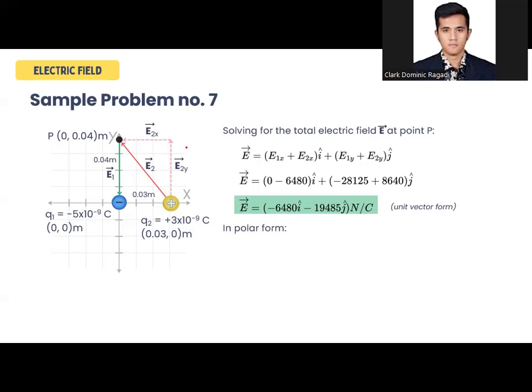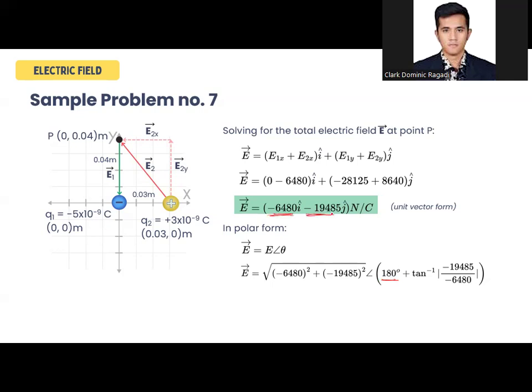Or in polar form, that's the magnitude, angle theta. To solve for the magnitude, again, we can use the Pythagorean theorem. And then for the angle, why did we add 180? If we look at the x and y components here, they are both negative.